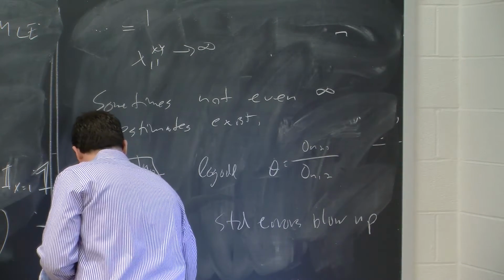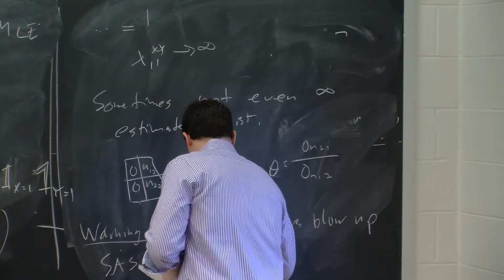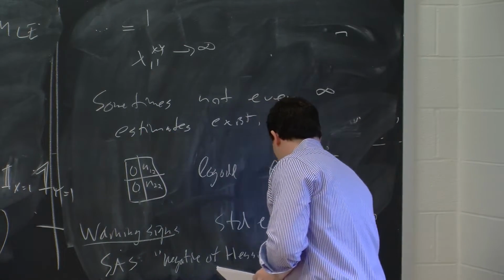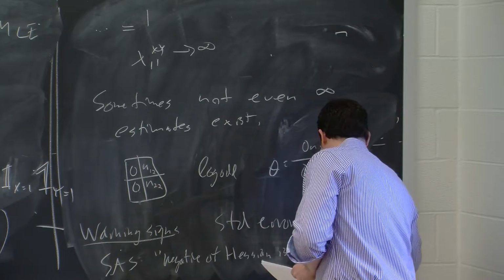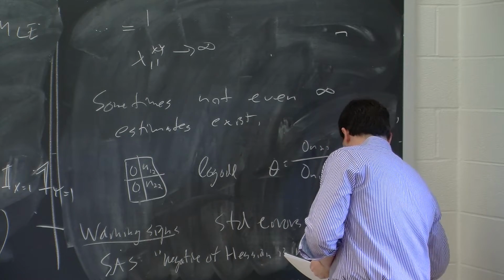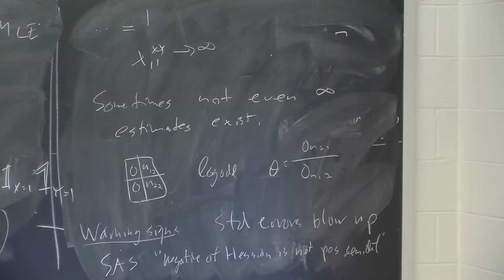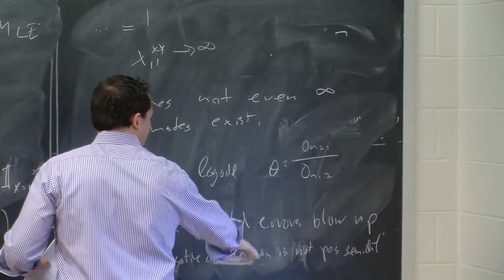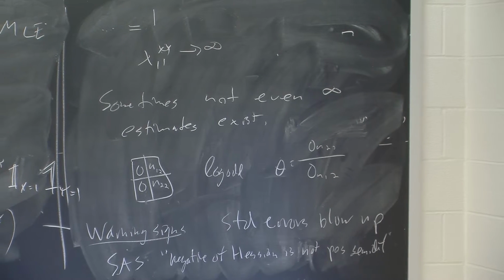In SAS, you'll get warnings like negative of the Hessian is not positive semi-definite, or convergence is questionable. It will tell you that it's having trouble. Even if you don't see anything, whenever you see the standard errors blow up, which happened, for example, in our alligator example, that's a sign that something like this has happened.